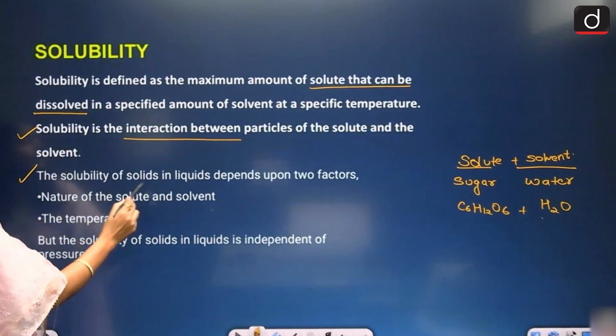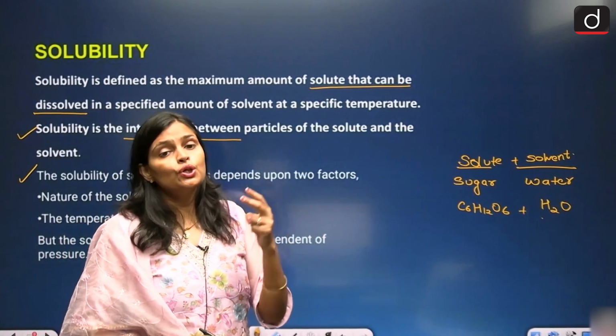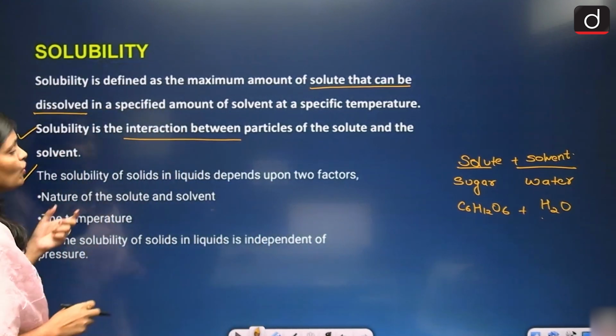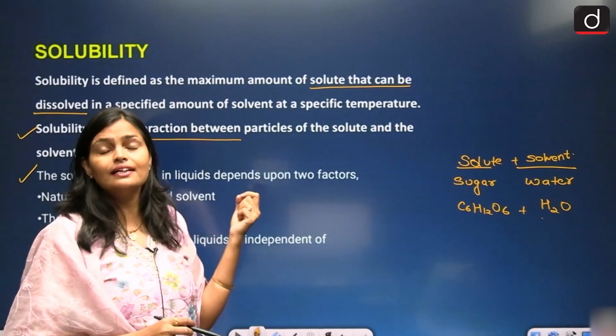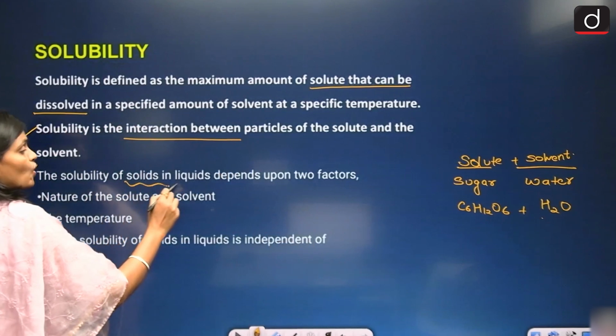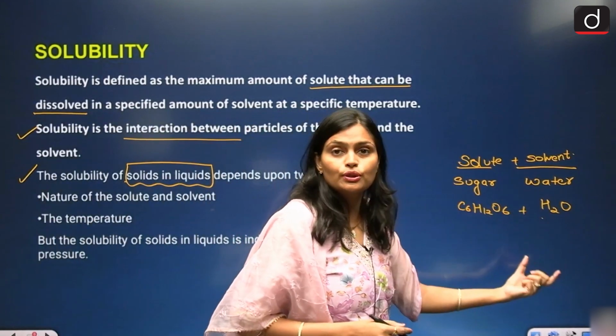The solubility of a solid in a liquid depends upon 2 factors. Now what type of solution is it?